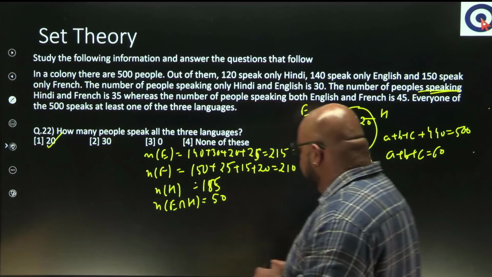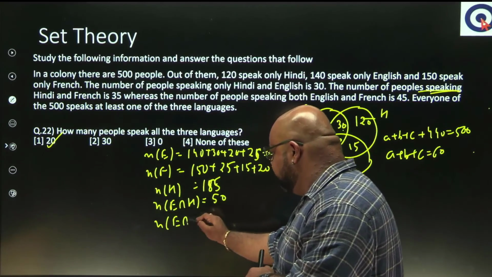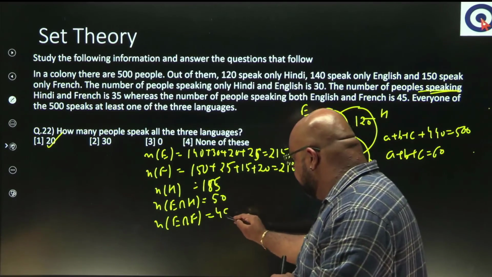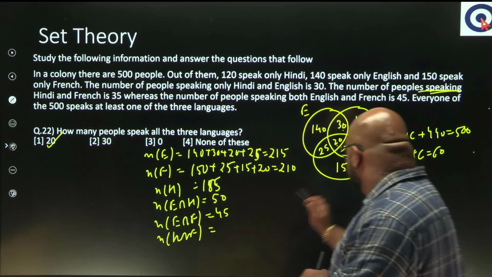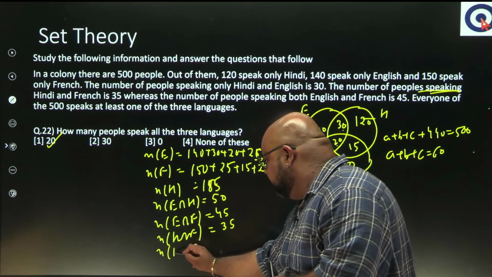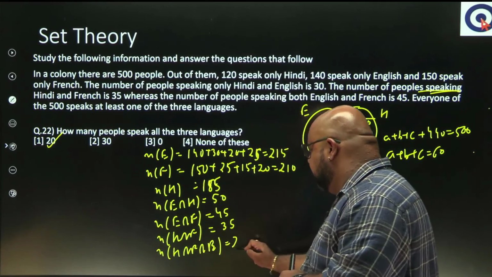Yeah. English and Hindi is 50. English and French is 45, and Hindi and French is 35. Similarly, number of people who speak all three languages, Hindi, French and English, is 20.